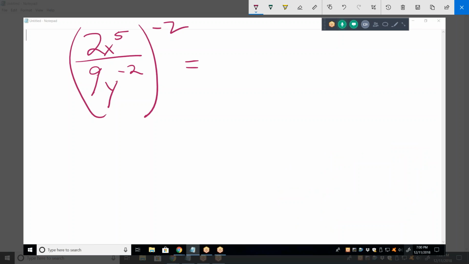So apply it to the number. So that would be 2x to the negative 10th. Okay, that negative 2 applies to that big positive 2 also. Okay. So here, let's do it like this.